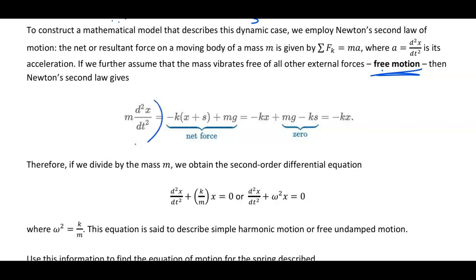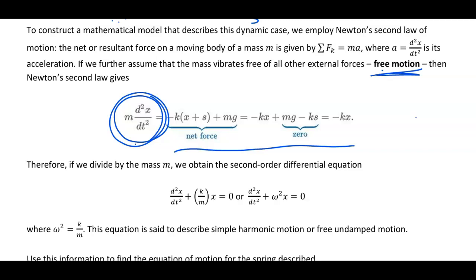If you do those things, and there's some algebra here, you get that mass times acceleration is equal to negative K times X. So K times wherever the position is at any point in time, and that's a negative relationship.